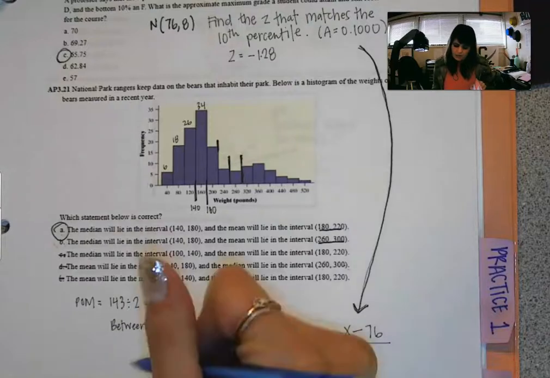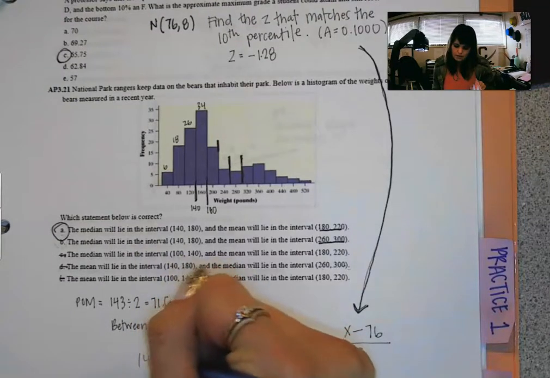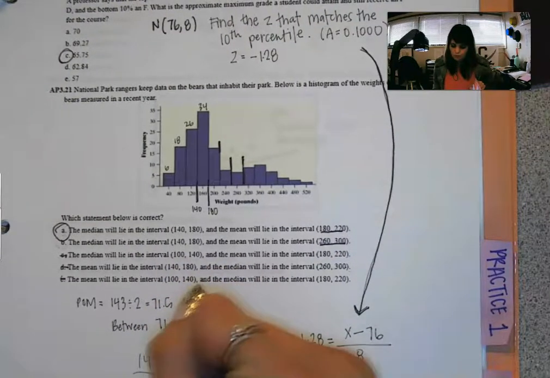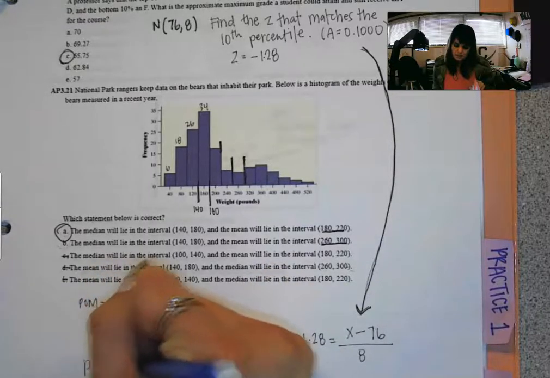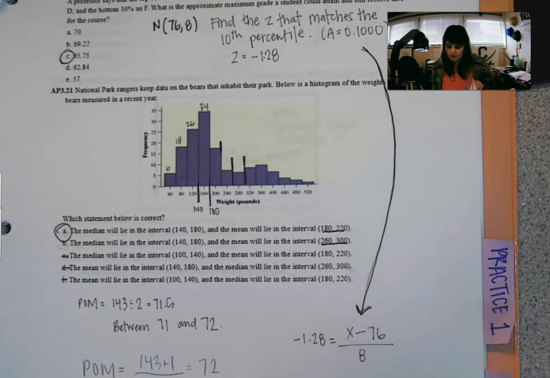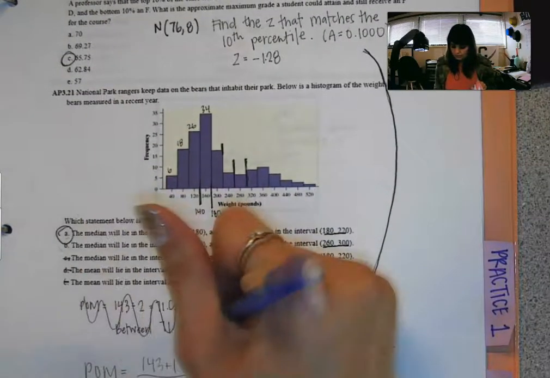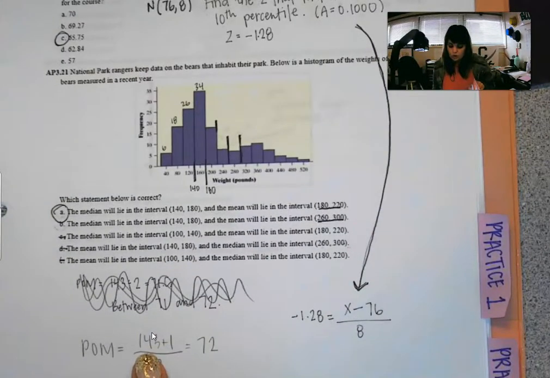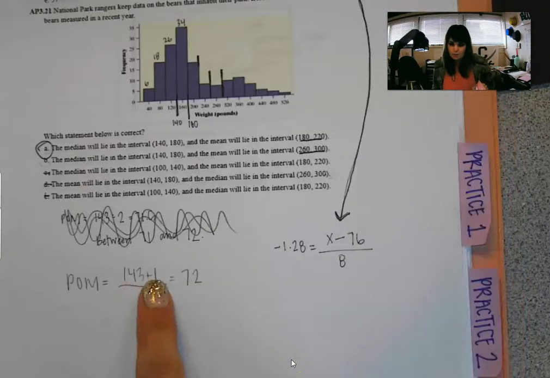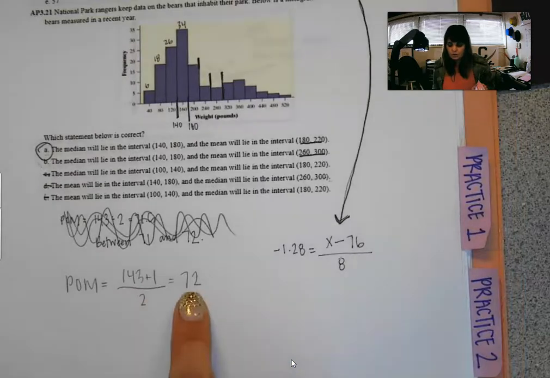Isn't finding the median, you do 143 plus 1 divided by 2, and that gives you 72. So your position of your median is the 72nd observation? Yes. So this is wrong. To find the position of your median, you do 143, your sample size, plus 1, divided by 2. This means that your median is the 72nd observation.